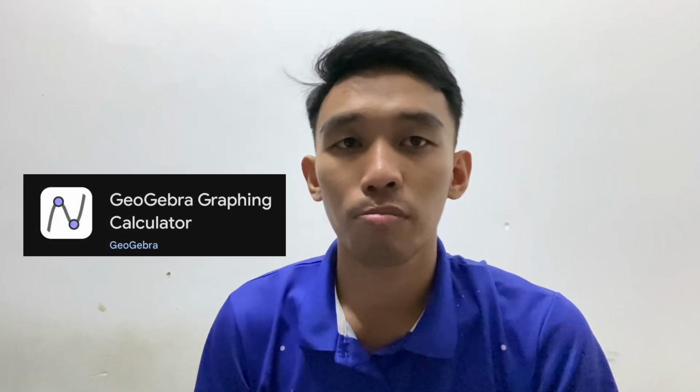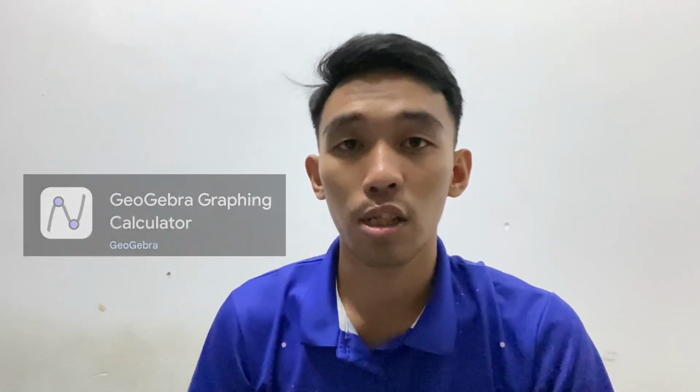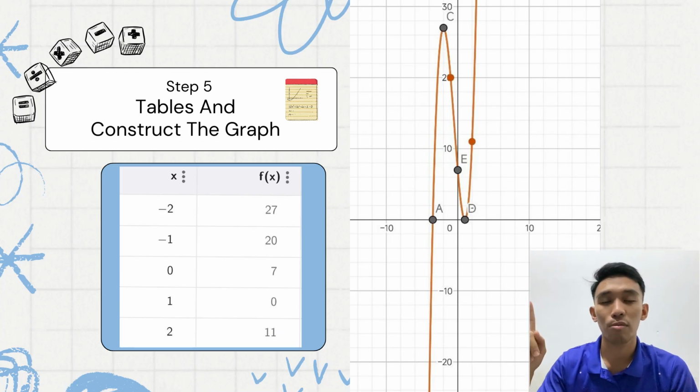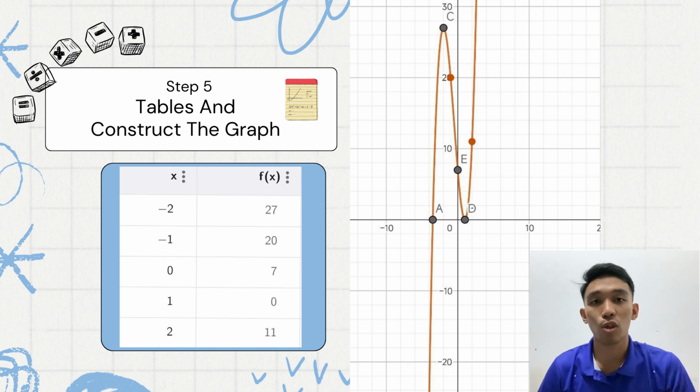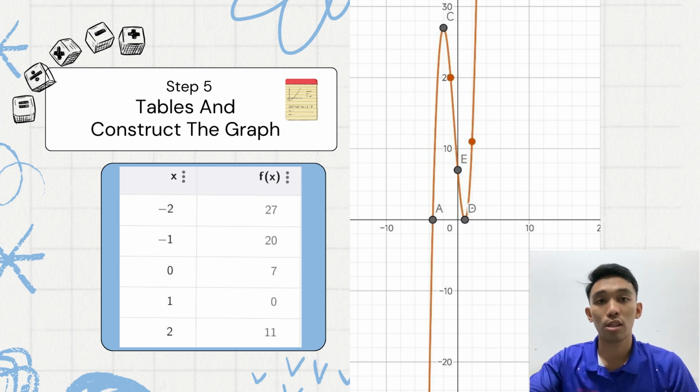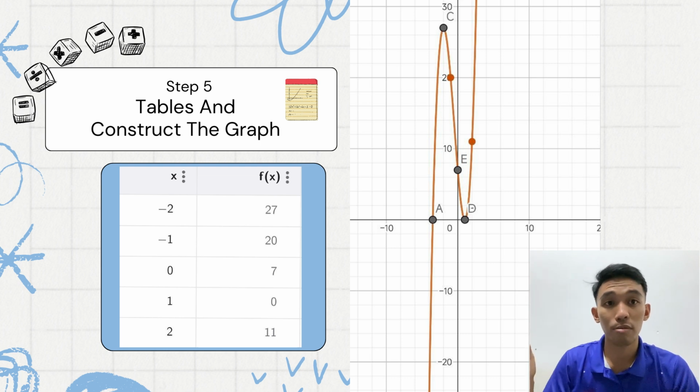For an easier way, we can also use an app called Graphing Calculator. We insert our equation, and it will show the graph and all the stationary points and their results. This is the table on my side. All the stationary point numbers can be seen here, and above is the graph.